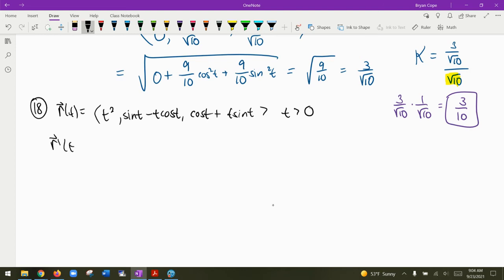Okay, r prime of t is 2t, cosine t minus cosine t plus t times negative sine t, and negative sine t plus sine t plus t cosine t.